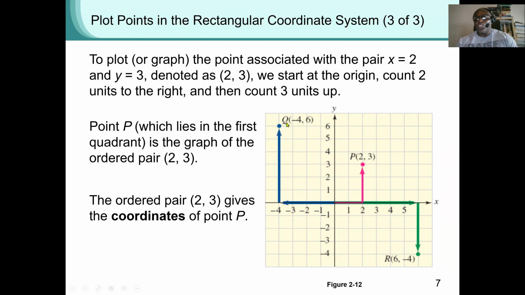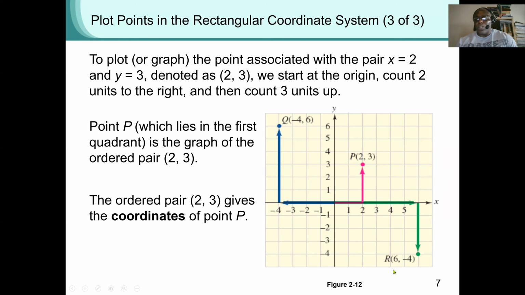Now we have a point Q, with x value -4 and y value +6. So I will look at the horizontal axis and go towards the negative and look for -4. Then y will be up, it's +6. That gives us the point here, the intersection of -4 and 6.